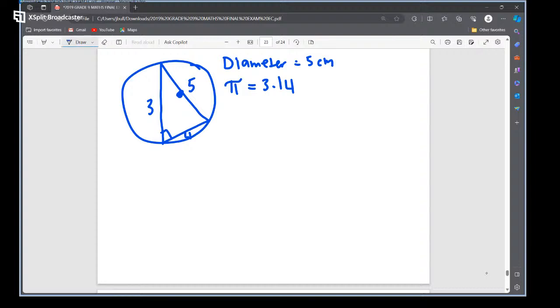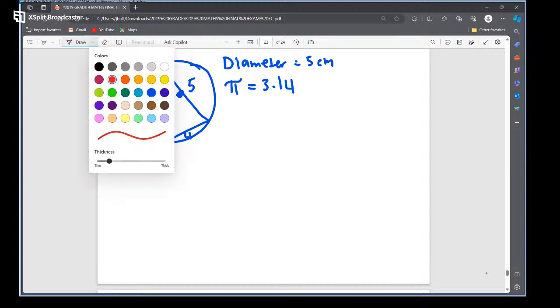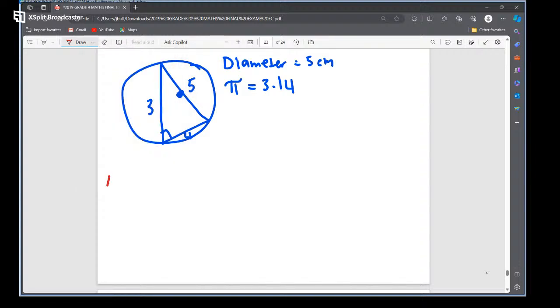Okay, so first of all, let's work out the area of the triangle. Again, you get a mark for knowing this formula. The area of any triangle is always a half times the base of the triangle times the height of the triangle.